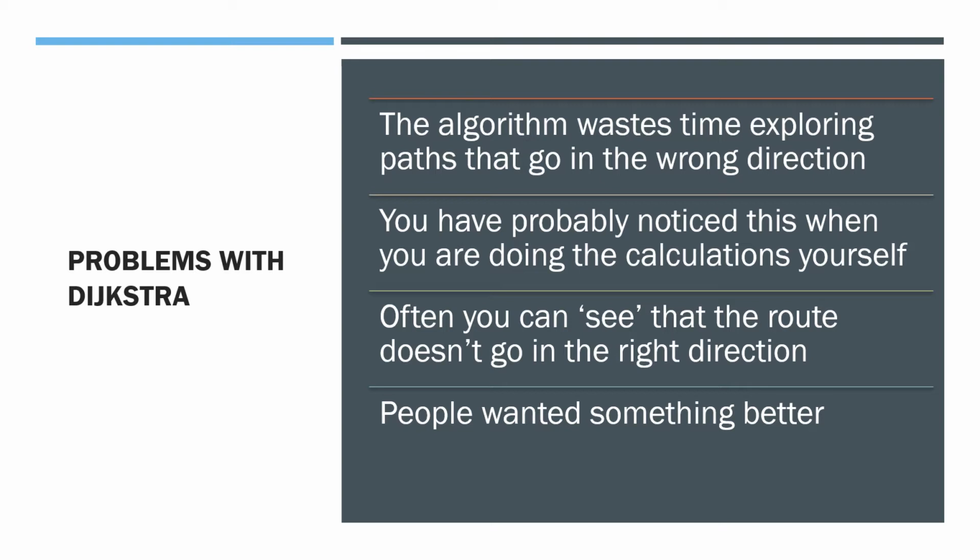People wanted to find an algorithm that avoided this problem. And interestingly, a key audience for an improved route finding algorithm was the computer game industry, because people didn't want to waste time while they were playing computer games with the sprites or the enemies or the monsters slowly finding their way through a maze or a dungeon, going in the wrong direction.